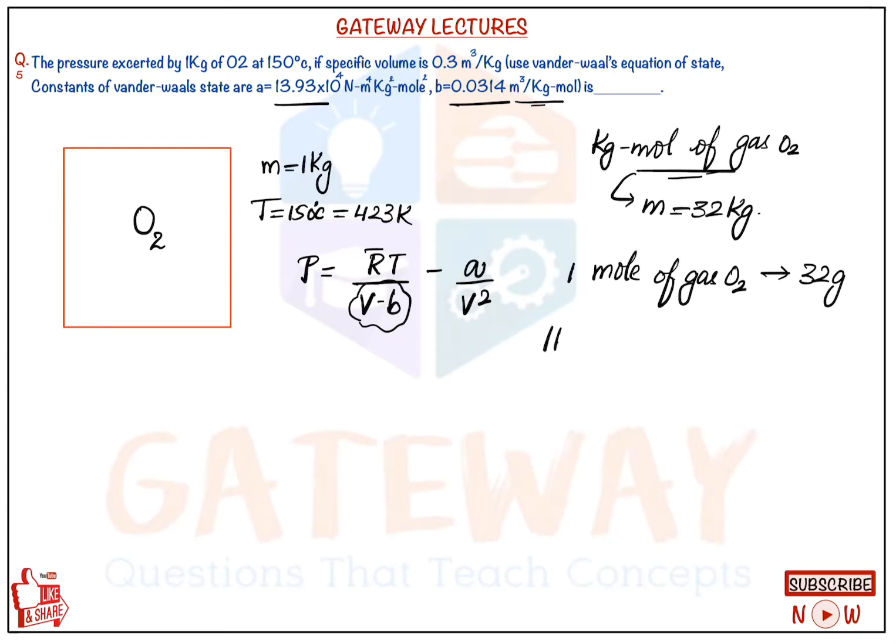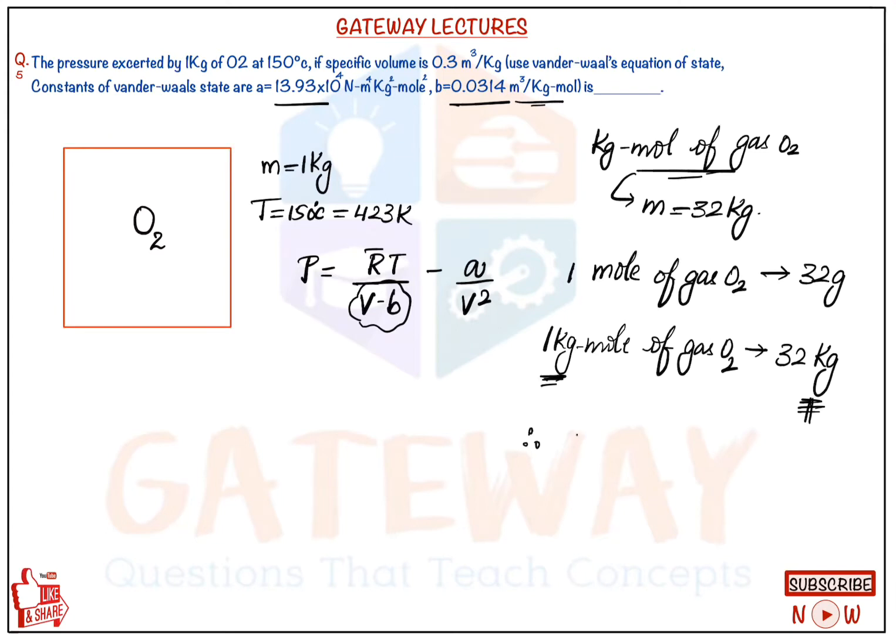When we consider 1 kg mole or 1 kilomole, both are the same, no problem here. So 1 kg mole of O2 is nothing but 32 kg, since here kg and here also kg, because here it is multiplied by 10 power 3 and here also it is multiplied by 10 power 3.